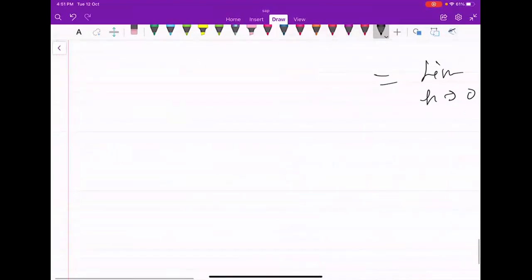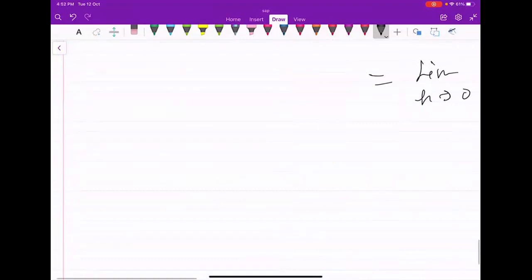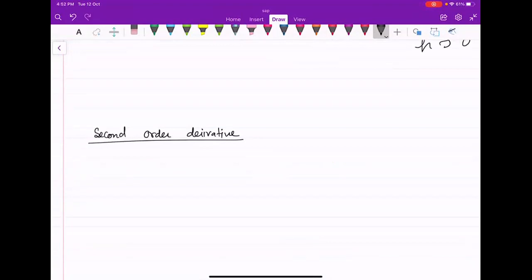Before writing the result I will just introduce the second order derivative, and then we will discuss it. Second order derivative. fx and fy, you know how to compute. Now del 2f over del x square, del 2f over del y square, and del 2f over del x del y.